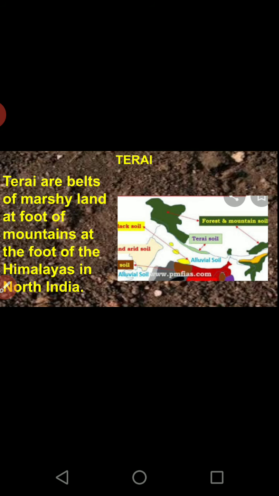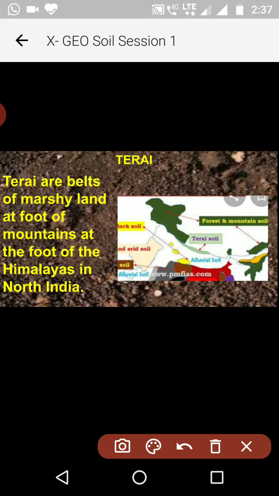Then Terai. If you remember Dudhwa National Park, Uttar Pradesh, it means below Nepal and below Uttarakhand, whichever alluvial soils are there. Remember, only in the Piedmont zone. That means only at the foothills, not the complete northern plain. Only at the foothills. Let's make it very clear.